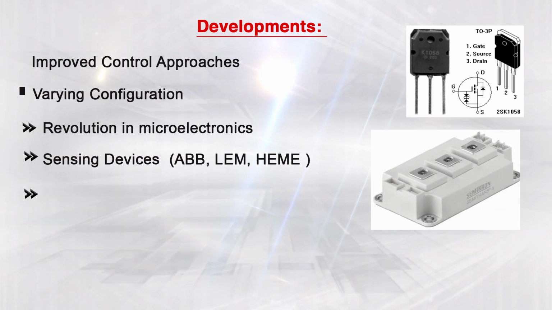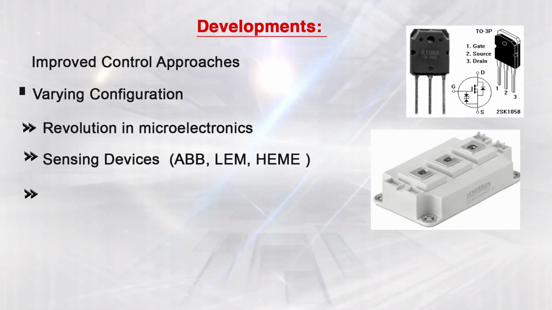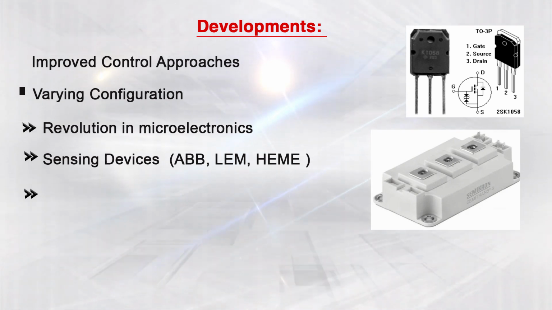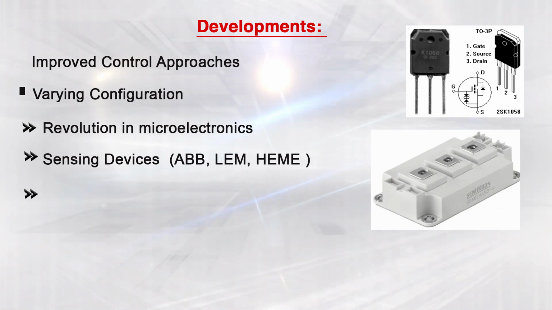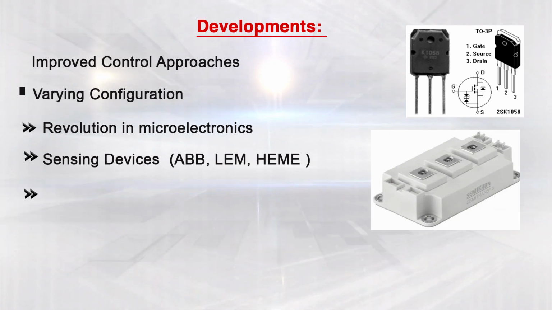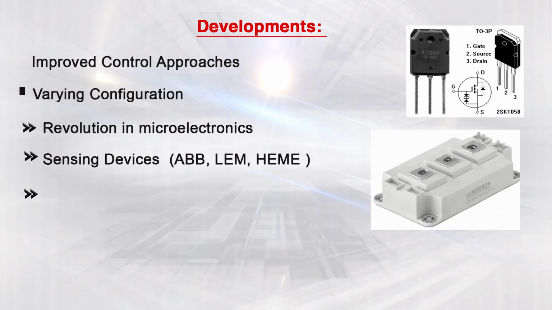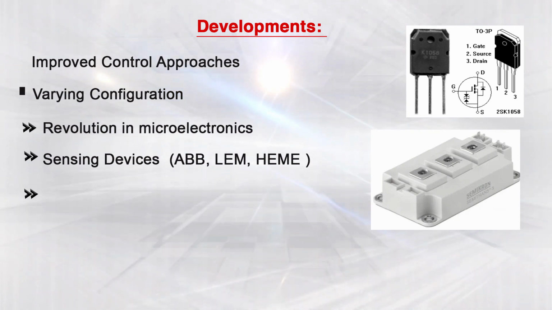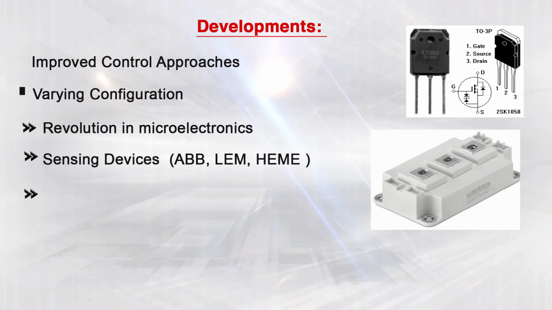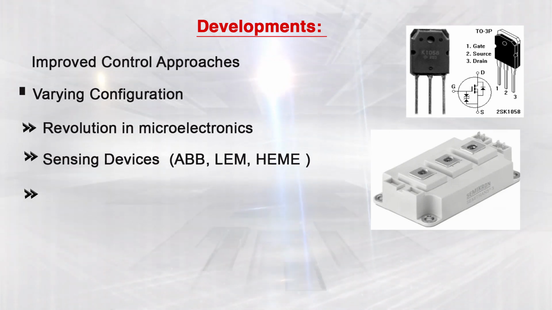Nowadays, people are also using advanced control techniques so that the steady state as well as dynamic responses are improved. Control plays a major role in switching these devices on and off. We can also consider varying configurations: we can use 4 devices, or 2 devices along with 2 diodes, and develop various configurations.